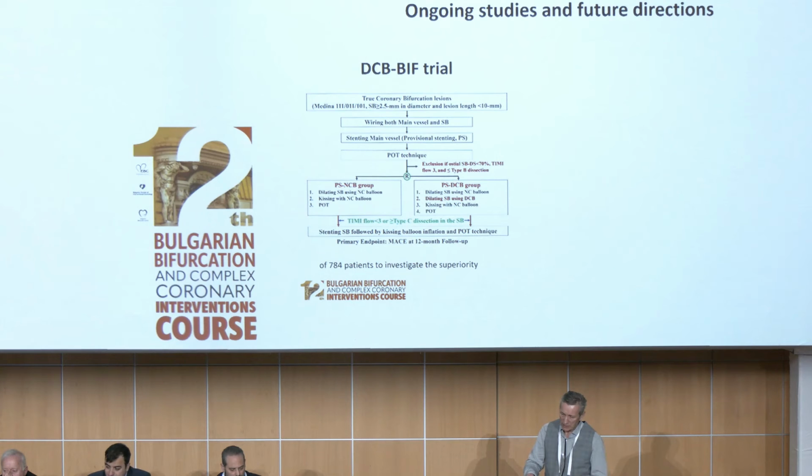They will be randomized into 2 groups, comparing non-compliant balloon and DCB, a superiority design. You see that the DCB is implanted after dilatation of the side branch, and then the final kissing will be done.